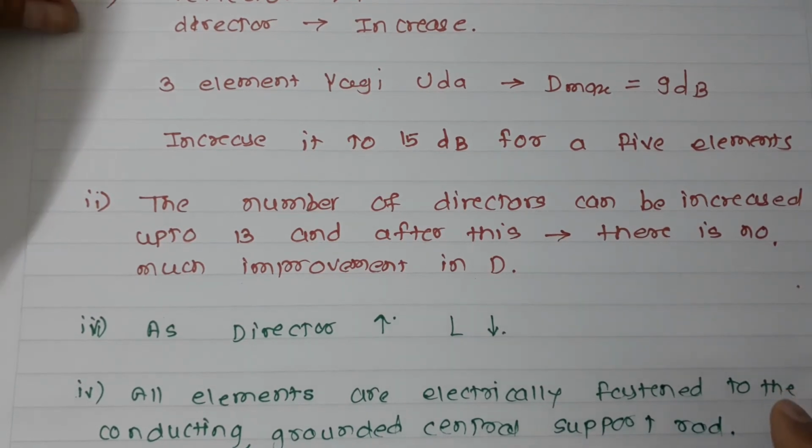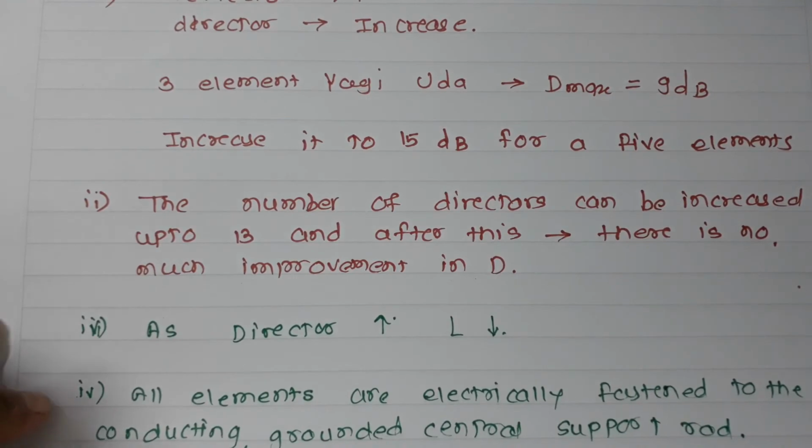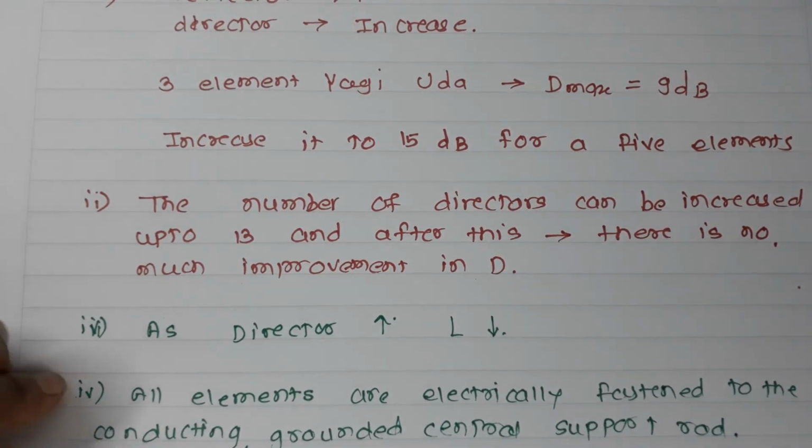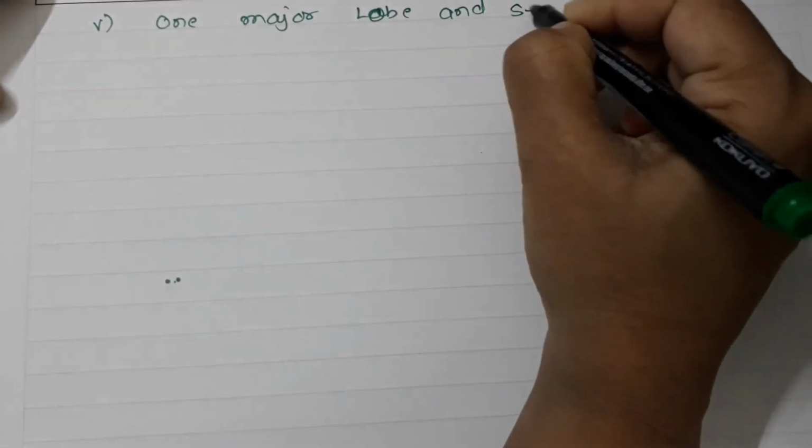And the next point is that the radiation pattern consists of one lobe, as we have seen, lying in the forward direction along the axis of the array, with several very minor lobes in other directions. So you will have here one major lobe and several minor lobes.